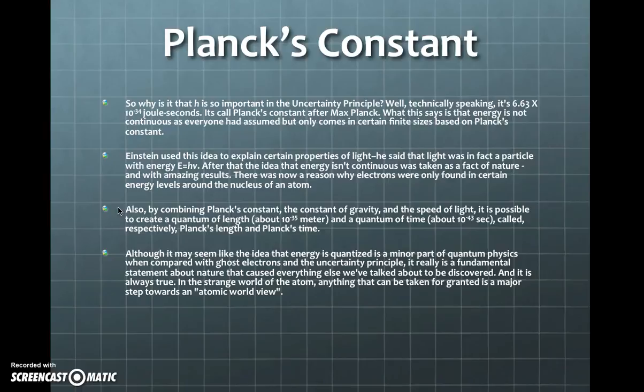Also, by combining Planck's constant with the constant of gravity and the constant speed of light, it's possible to create a quantum of length, which is 10 to the minus 35 meter, and a quantum of time, 10 to the minus 43 second. And of course, these are Planck's length and Planck's time.